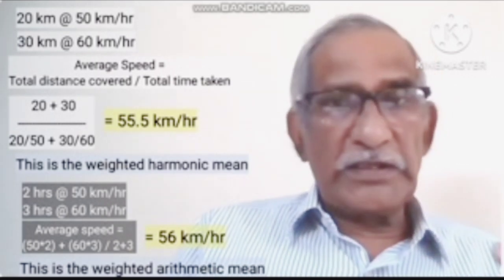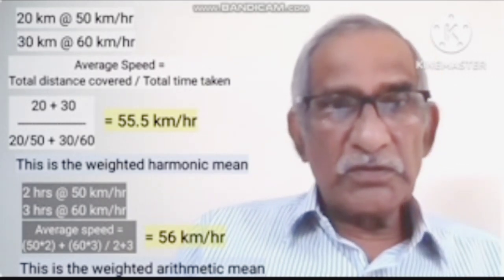In case of calculating average price, one can use the formula total amount spent divided by total quantity purchased. Because price we always denote as rupees per unit quantity. Rupees is in the numerator, quantity is in the denominator.